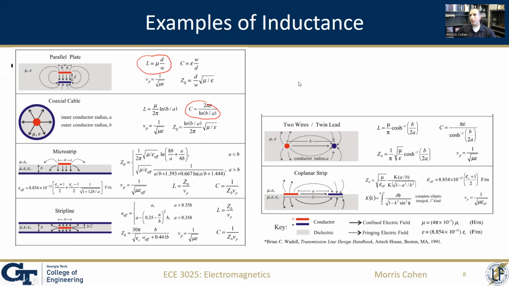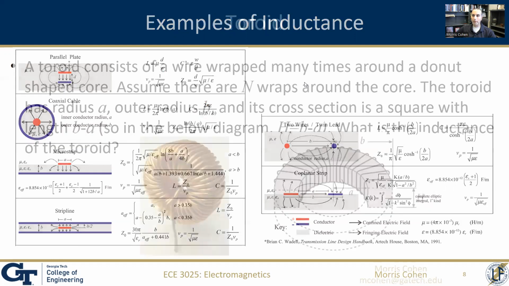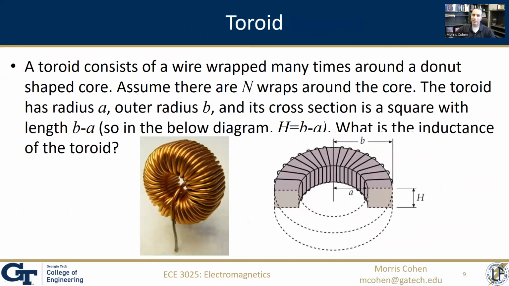However, I will set up one example just so you can look at it in the notes in case you want to. This is a classic example that you find in any physics textbook, something called a toroid. And this is how many inductors are formed, standalone inductors that you might put on a circuit board, for example. That simply consists of a donut shape, and around that donut shape, you're wrapping a wire many times. And the donut shape is assumed to have either a square or a circular interior that has length or diameter h.